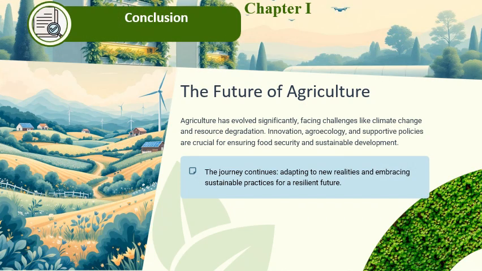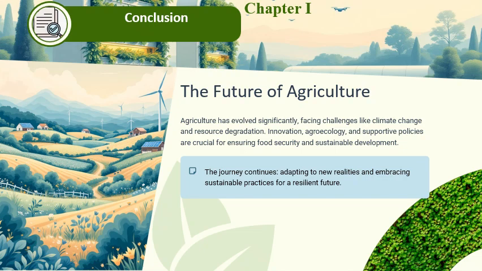As we have seen, agriculture has evolved significantly over time from simple traditional practices to highly advanced and technology-driven systems. At the same time, agriculture is now facing serious challenges such as climate change, resource degradation, and increased food demand.